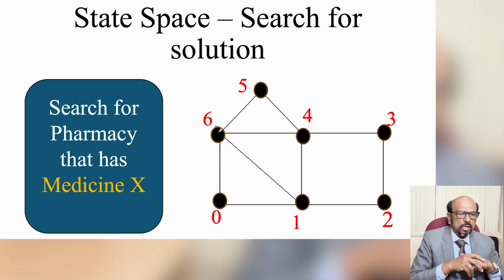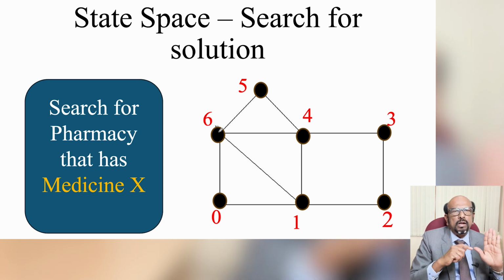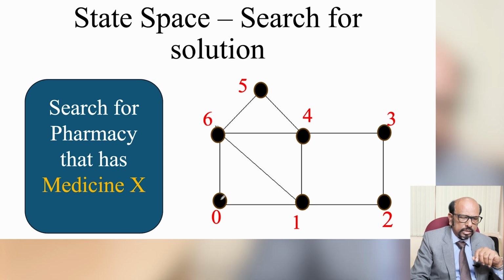The problem is to buy medicine X. I have a prescription which says this is the medicine which we have to buy. What we can do is I have to search among these pharmacies and find out a pharmacy in which the medicine X is available. So you start with 0.